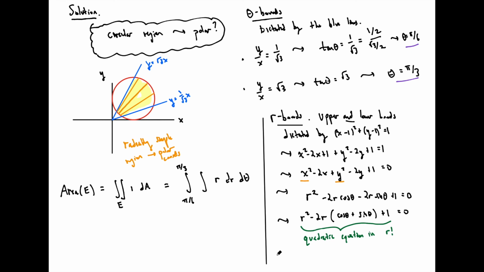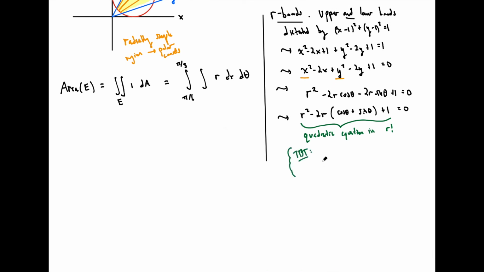And when we have a quadratic equation like this in r, we could get two different solutions. That's exactly what's happening here. From this one equation, we get two different solutions. Those two different solutions are going to correspond to the two different bounds, the lower bound and upper bound. So it all does make sense in the end.